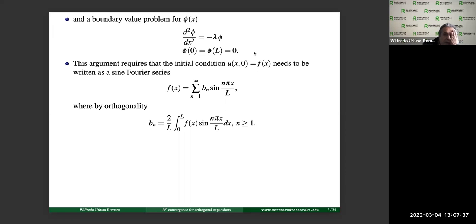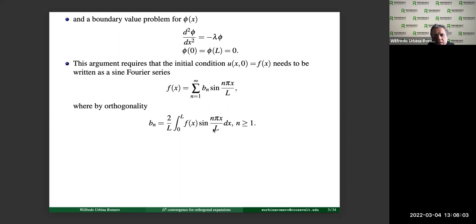Then, doing that, when you try to put everything together, you are forced to ask that the initial condition, the distribution of temperature, has to be written in this form. And since you can prove orthogonality here, then you get these coefficients, right?